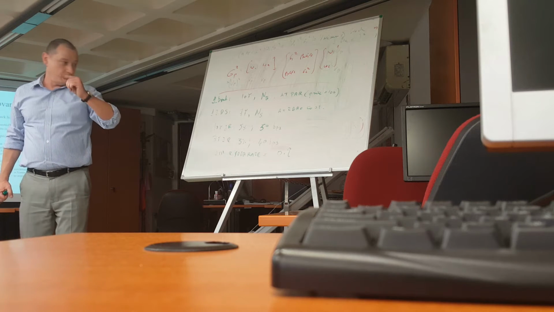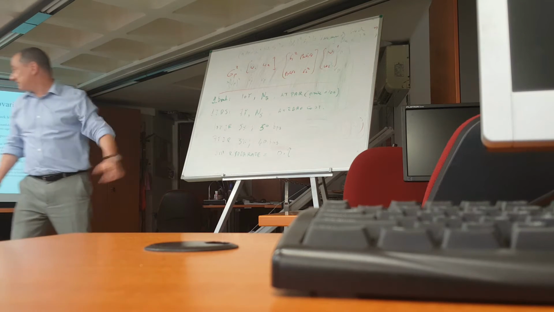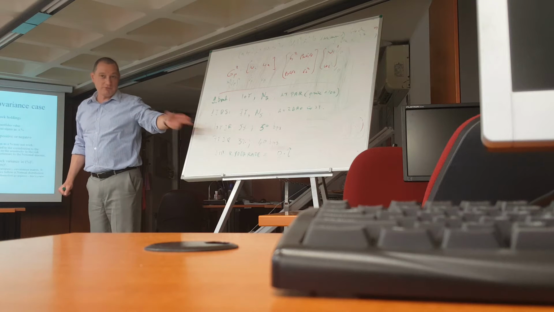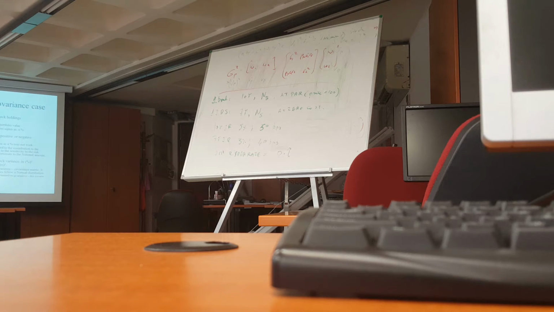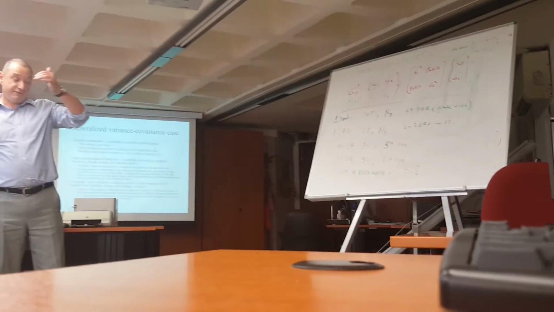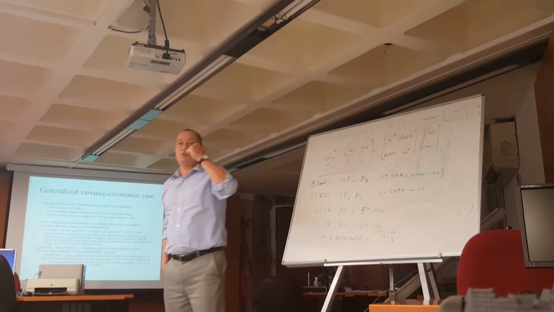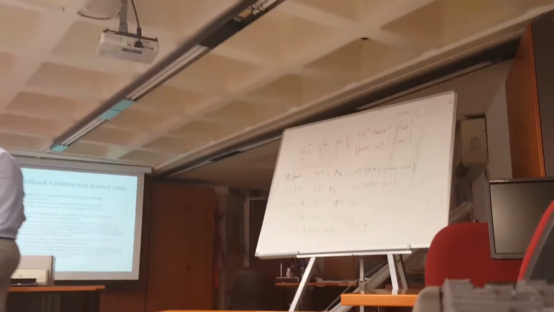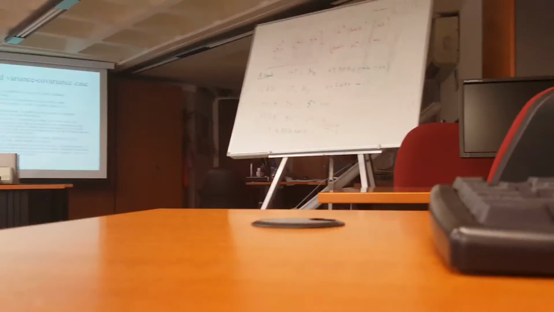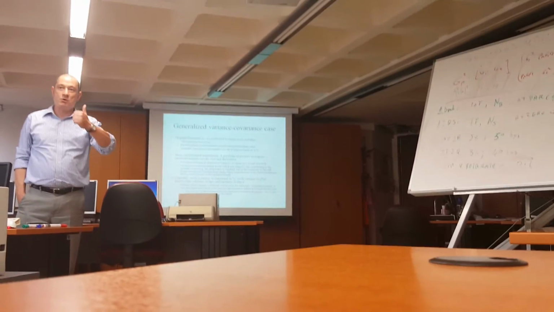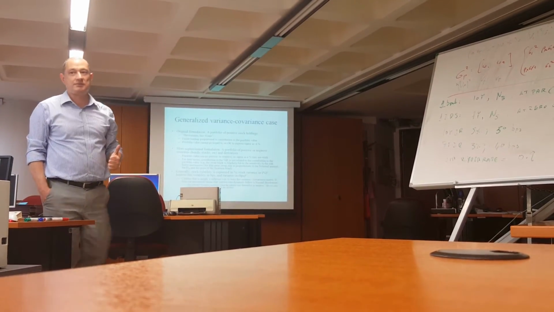If it goes up by, we just saw it in the previous slide. If my interest rates go up by 1 basis point, okay, how much will my bond position go down? Remember, 1 basis point is 1/100th of 1%.